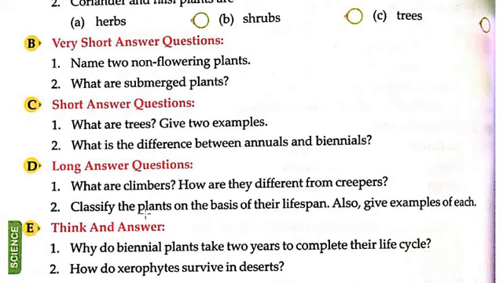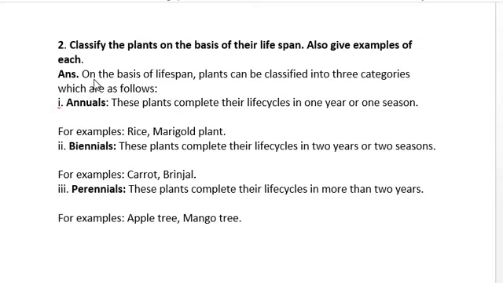2. Classify the plants on the basis of their lifespan. Also, give examples of each. On the basis of lifespan, plants can be classified into 3 categories: annuals, biennials, and perennials. Annuals: these plants complete their life cycles in 1 year or 1 season.